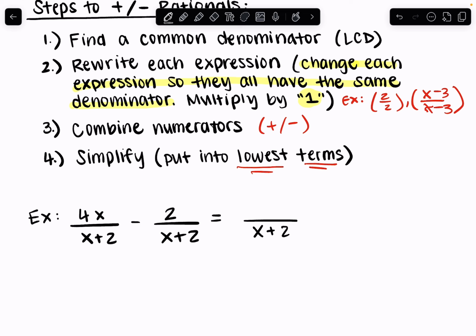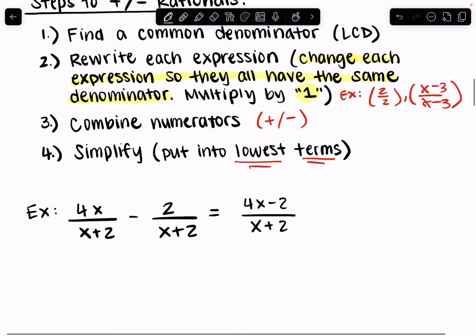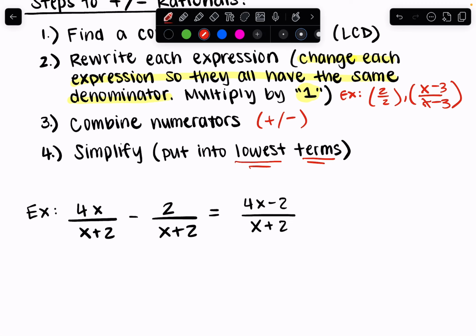Now you can combine the numerators, so you're going to have 4x minus 2 on the top. You basically just want one big fraction here. Now we go to the last step, where you simplify. This is where you're probably going to have to factor something, so you need to check that you can factor everything properly.